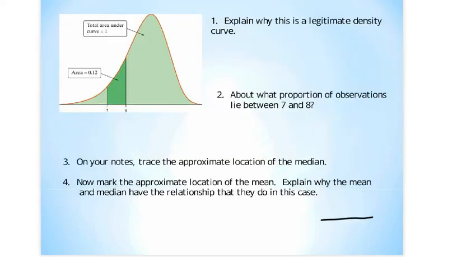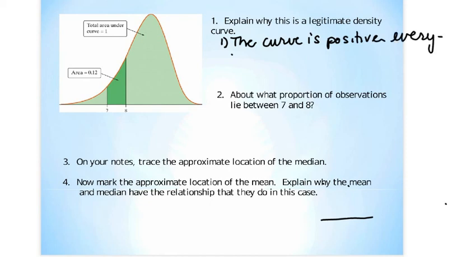All right, let's look at this. This is a density curve, and we want to look at some questions. This is actually Check Your Understanding on page 103. And I want to explain why this is a legitimate density curve. Well, this is a legitimate density curve because, 1, the curve is positive everywhere. And 2, the total area under the curve is 1.